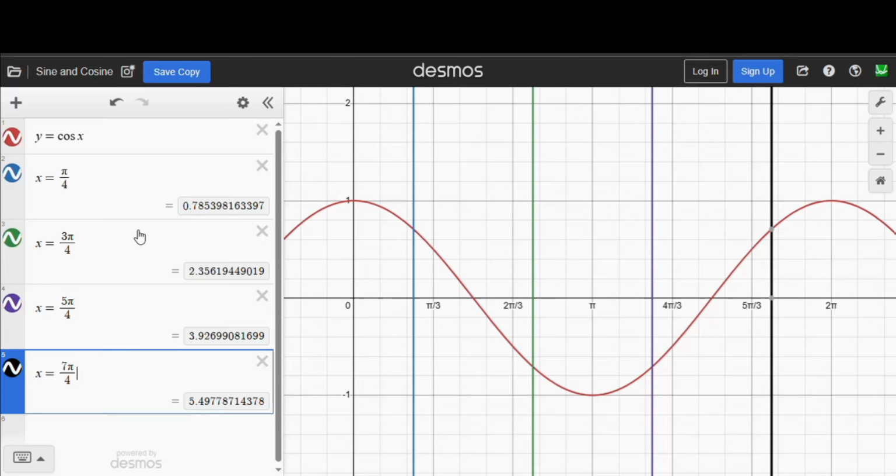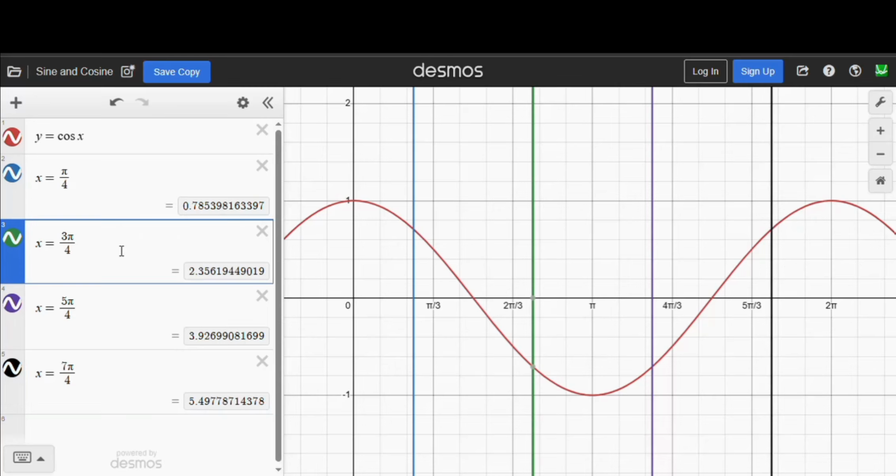Moving right along, folks. The value in quadrant 2, 3 pi over 4, the green line. The value checks with the x-axis. On the wave, the y value also checks out. Negative square root 2 over 2.